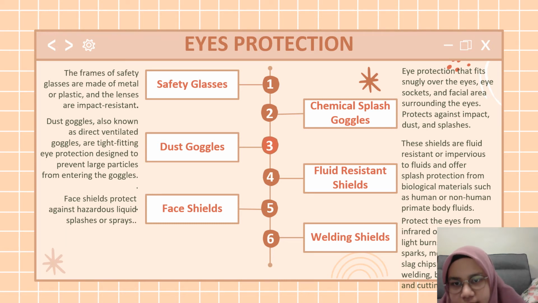Then the fluid resistant shield, that protects from biological materials such as fluid. Then the face shield that protects against hazardous liquid splash or spray, and the welding shield to protect the eyes from infrared.